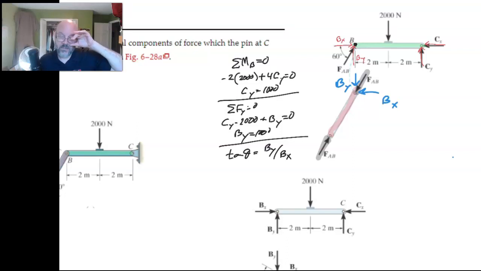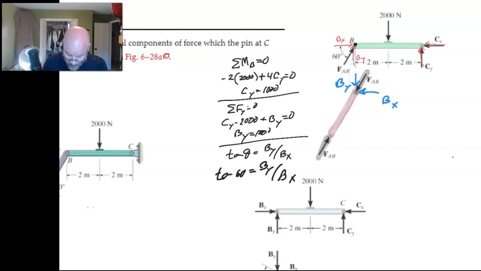Okay, and so that's why it's got to go as tangent of theta there. Theta is 60 degrees. Okay, it gives us that geometry. And then we find that we'll be looking at tangent of 60 degrees. It's BY over BX. And then we learn that BX, once we do our math, is 577.4.